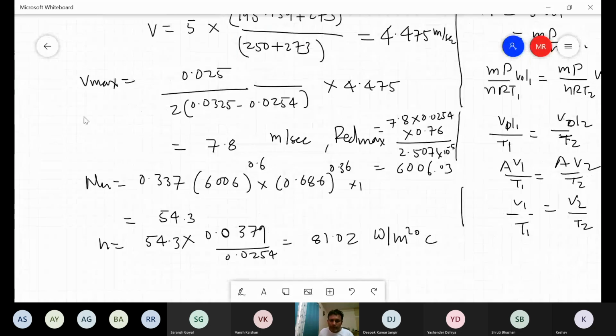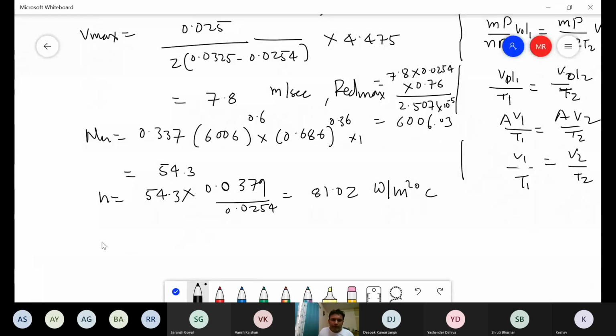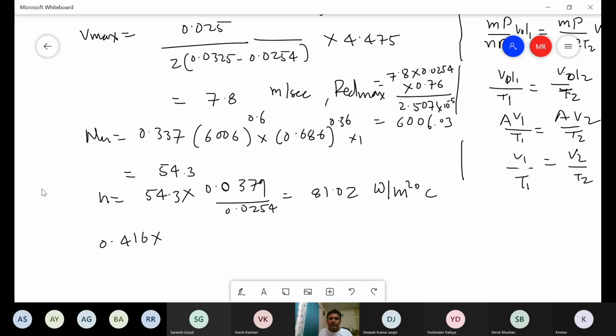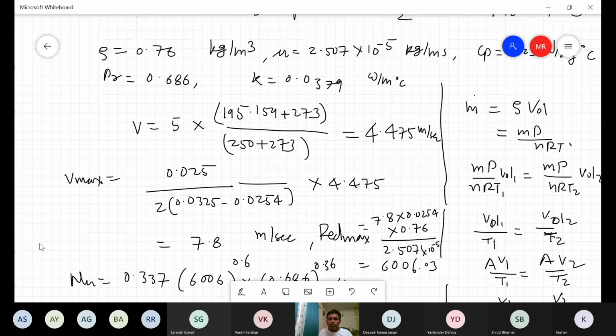So I can again write 0.416 into Cp. The Cp value is 1023.